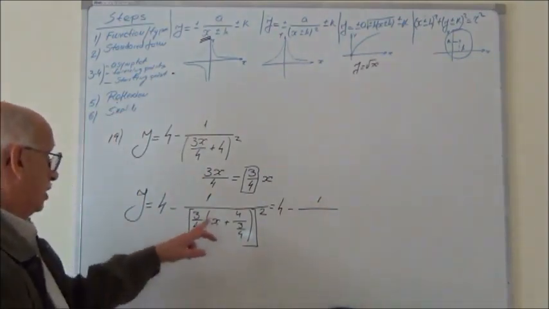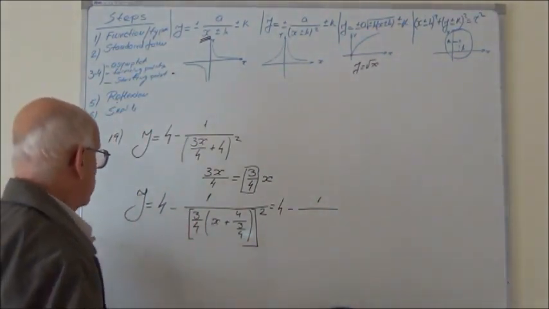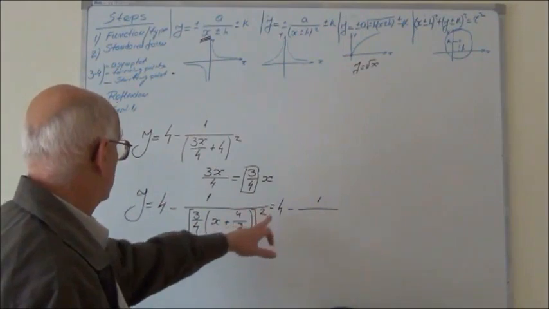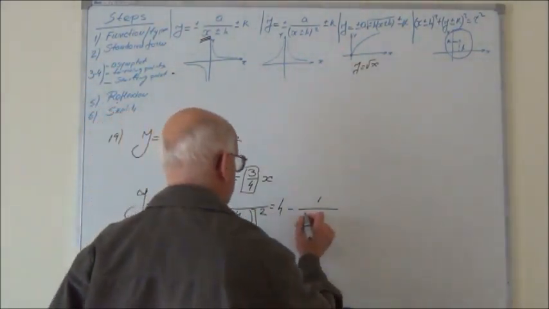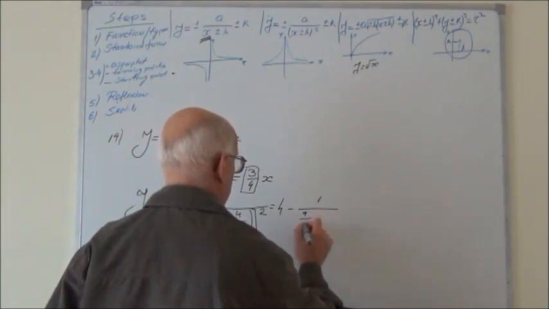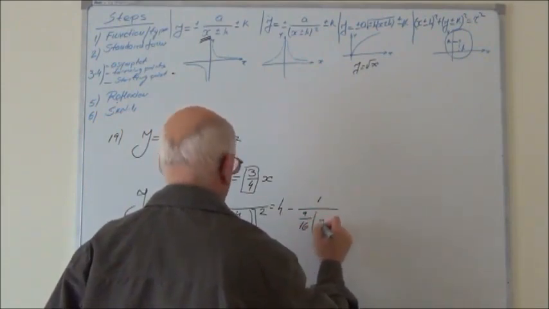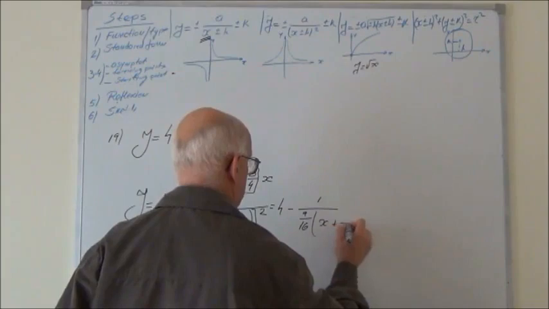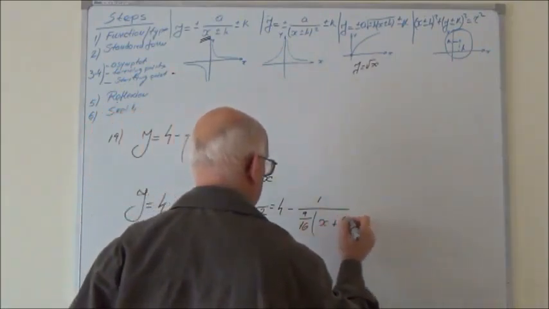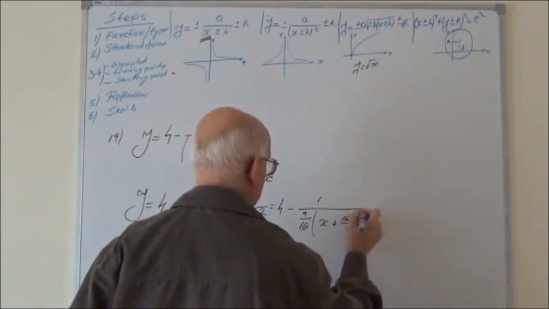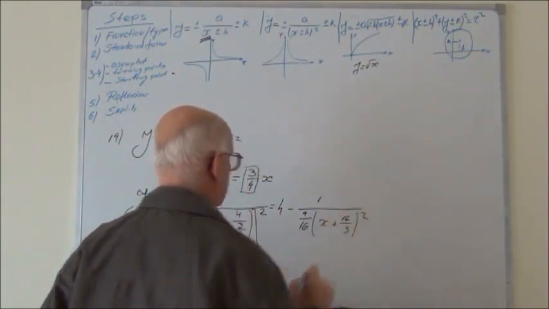Now when expanding the big bracket, I have power 2 here, 3 on 4, so that is 9 on 16. And x plus, and here we have 16 on 3, and over 2.